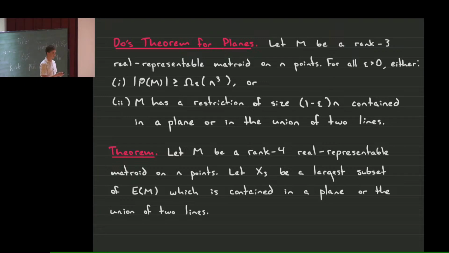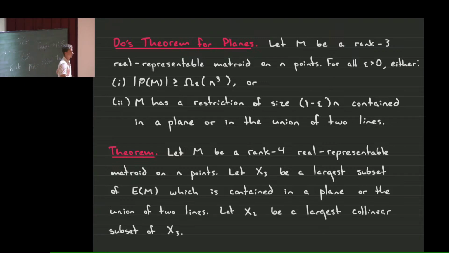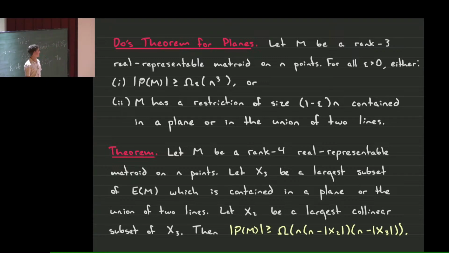And then after we've chosen x3, we're going to take a largest line sitting in the restriction to x3, and we'll call that x2. And then we get this approximation on the number of planes that, like I say, is in the same spirit as Beck's theorem. So I'll show you how we derive this from Da's theorem.